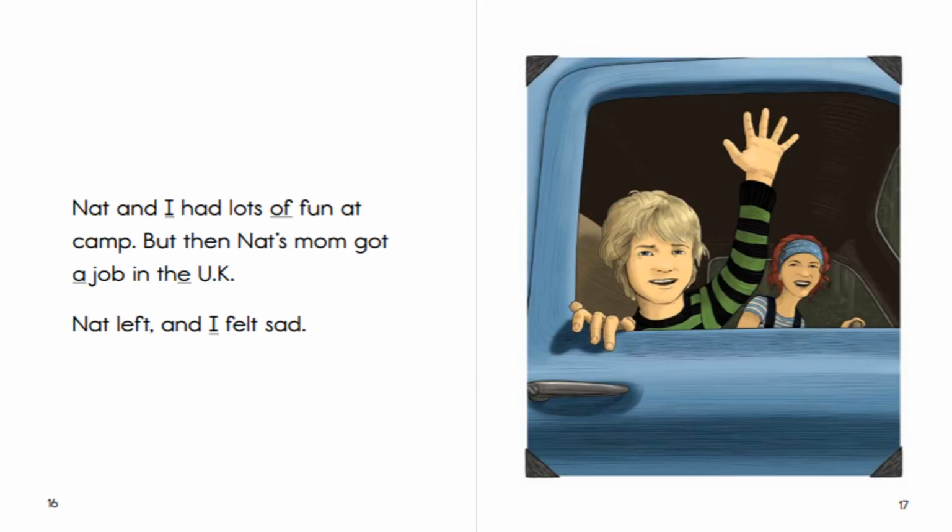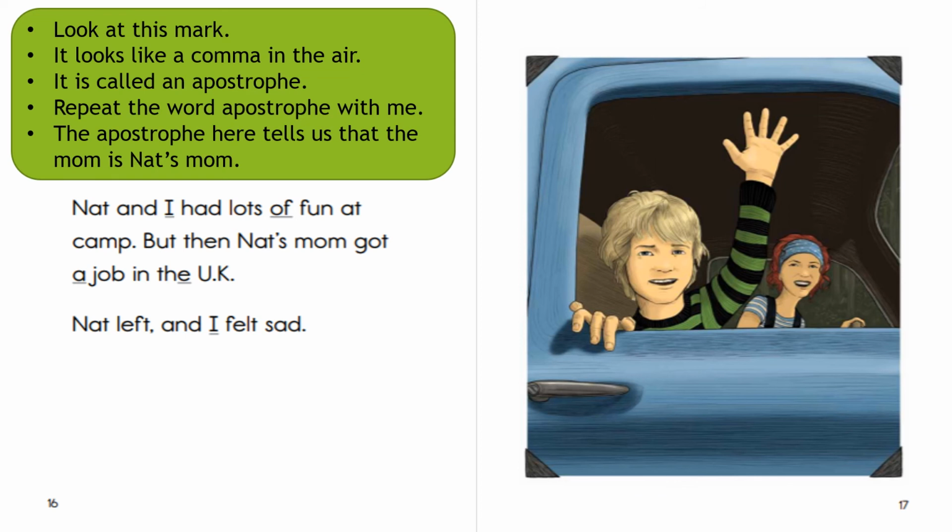Nat and I had lots of fun at camp, but then Nat's mom got a job in the UK. Nat left and I felt sad. Take a look at this mark here. Right there. This mark kind of looks like a comma, but in the air, doesn't it?